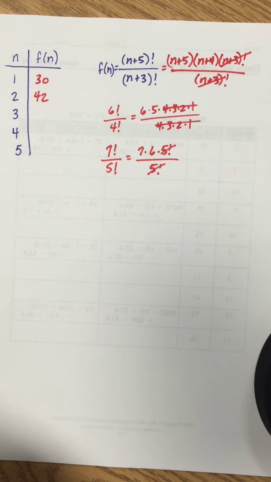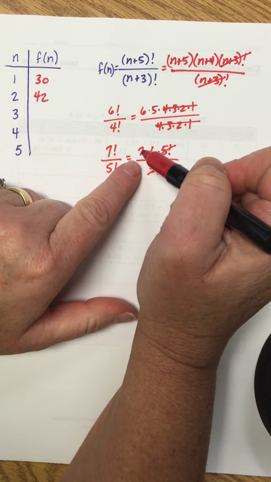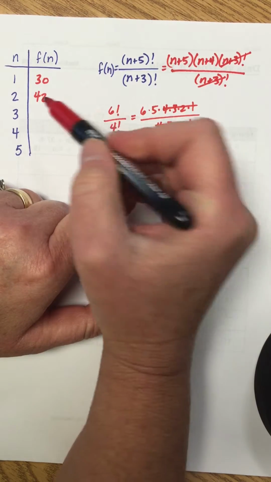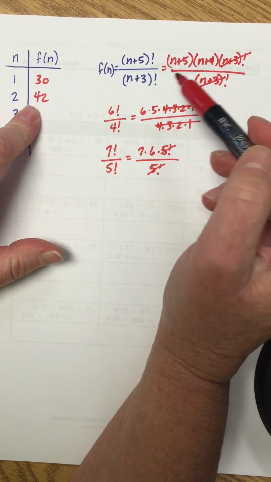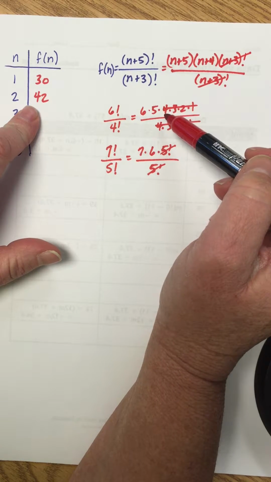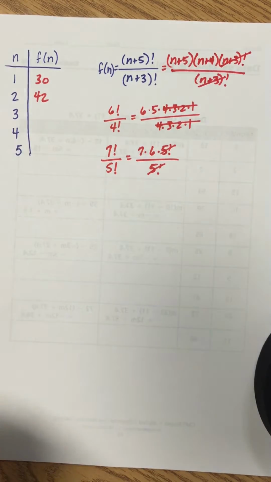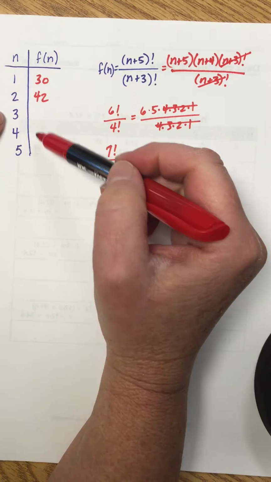So my input is 2. If I put 2 in for the n, then I get 2 plus 5, which is 7. That's what we had here. 2 plus 4, which is 6. And 7 times 6 is 42. So we get these same answers whether we substitute in and then reduce, or whether we reduce our rule and then substitute in. So you can use either one of those methods to finish your table.